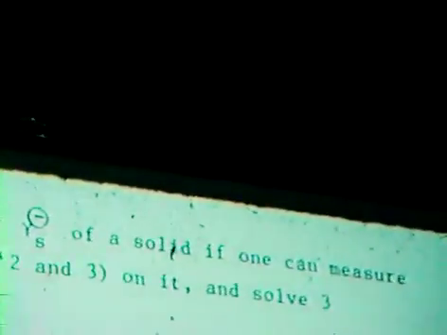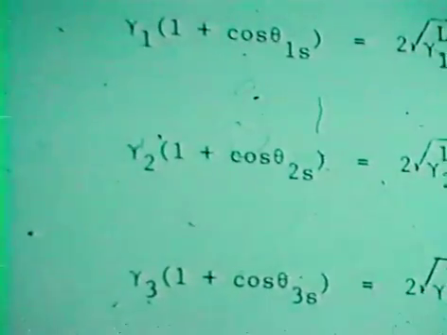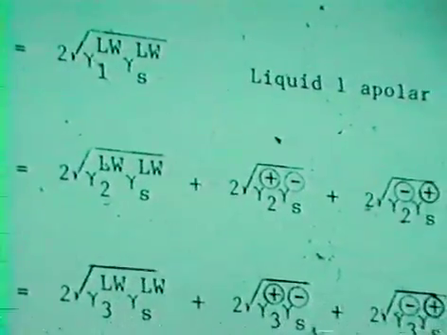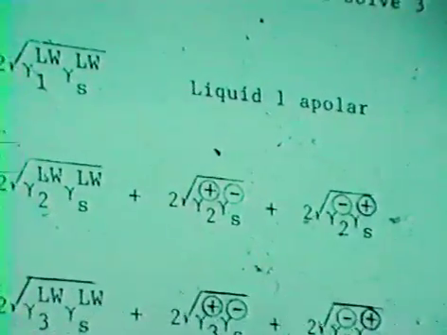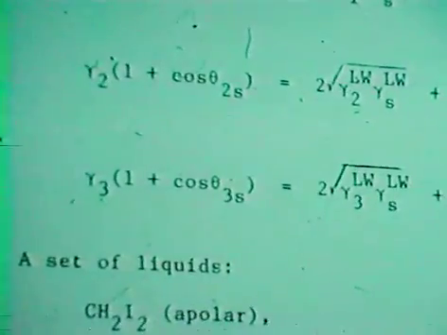You can determine these three components for a solid if you can measure the contact angles of three different liquids and solve the three simultaneous equations. You use one apolar liquid, such as methylene iodide, and two polar liquids, and the extended version of the first equation to include the acid-base interactions comes out as the second and third equations.